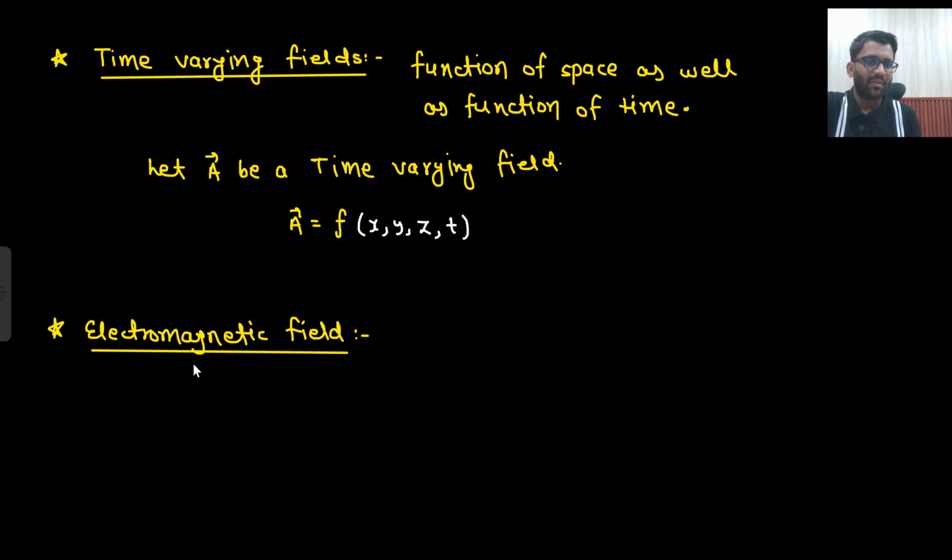Now in this chapter we are going to use the term electromagnetic field. If I say electromagnetic field, then what should come to your mind? Electric field. And if I say electric field, then what should come to mind? E. Electro stands for electric field and magnetic stands for magnetic field.